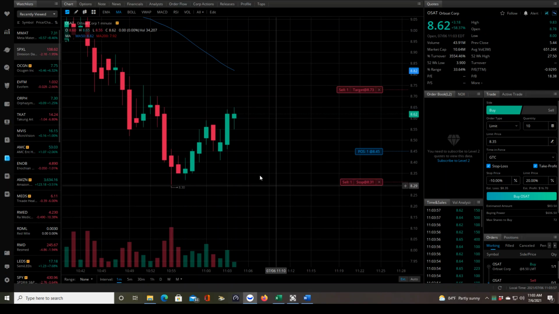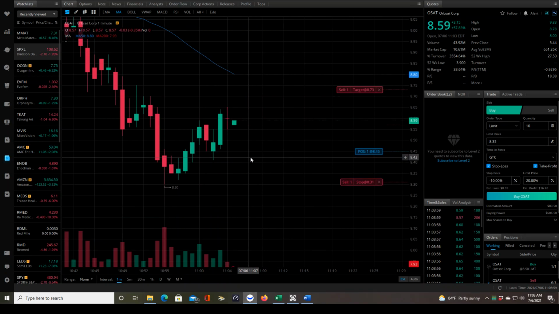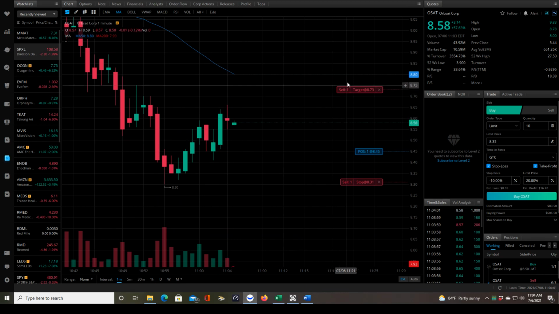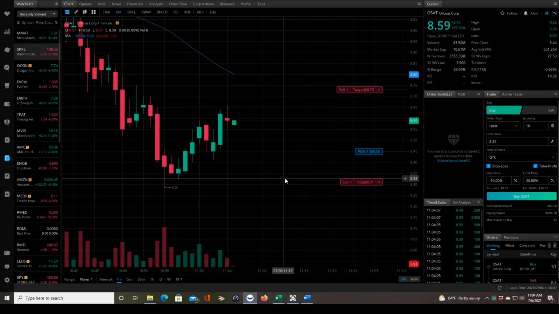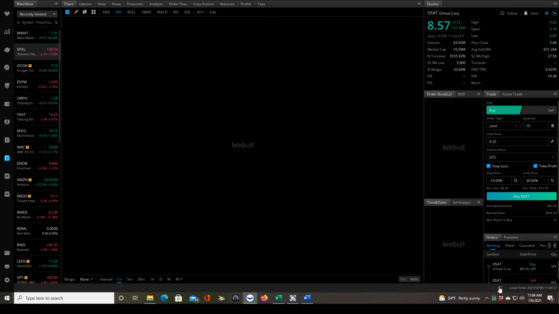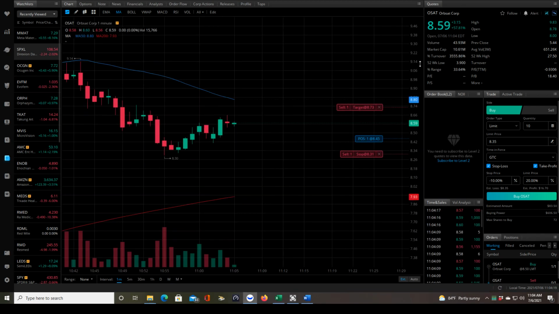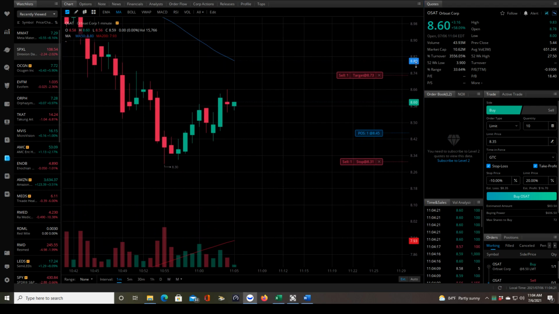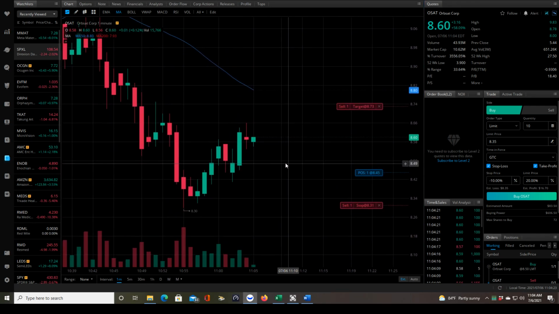All right, if we break out above that previous candle, we're probably going to hit the profit target. Let's see. Just refreshing the chart, see if that changed anything. Not really. That's a good thing.